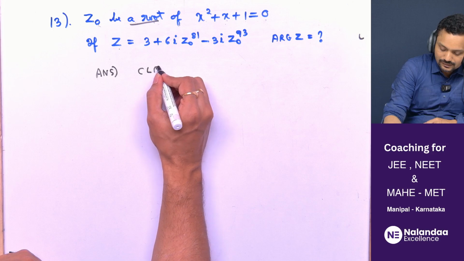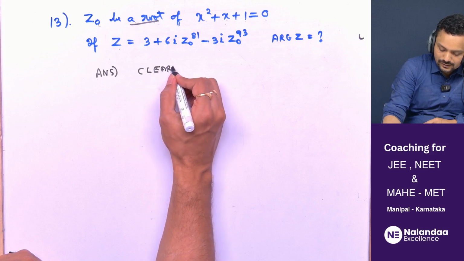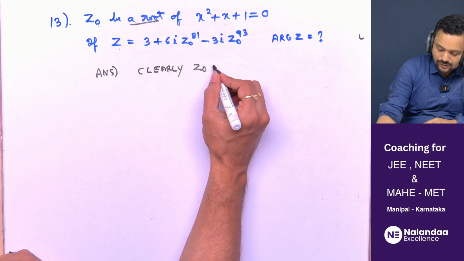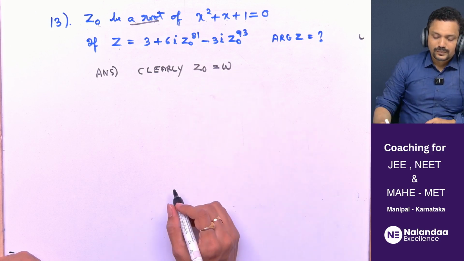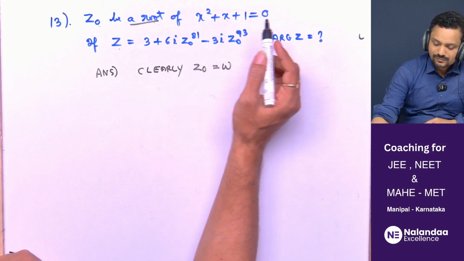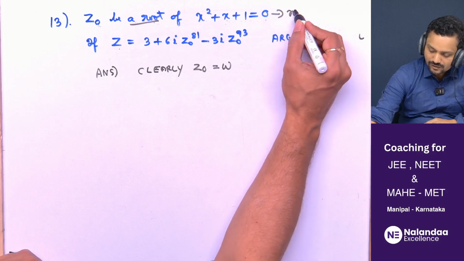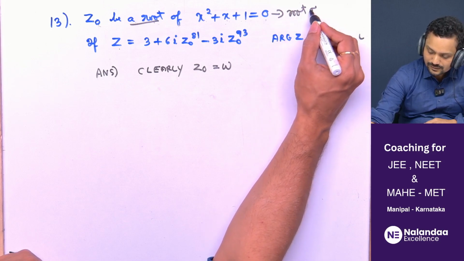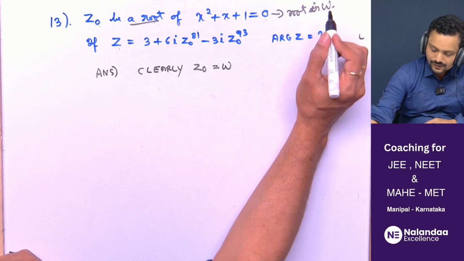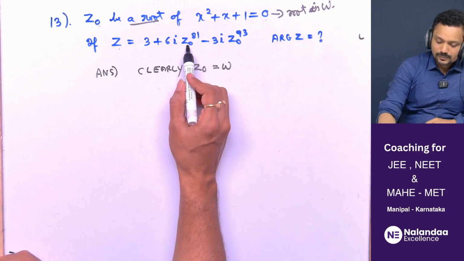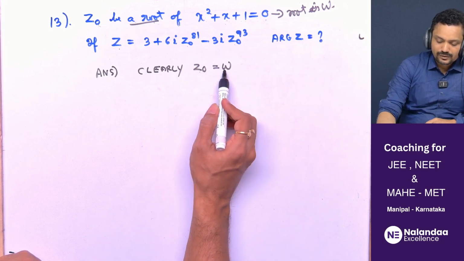Clearly z naught should be equal to omega, because for x square plus x plus 1 equal to 0, the root is always omega. So now in place of z naught, let me put omega.